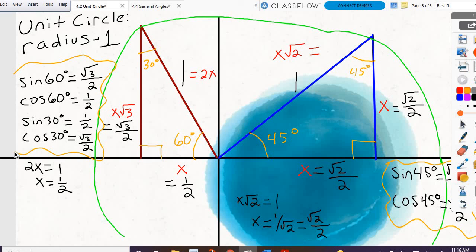And so they're just the opposite one. And again, are you going to have to draw this out really ever in the future? No. But I want you to see where they come from. But you do need to have them memorized. So again, those are your special angles. So we need to have sine and cosine memorized for 30, 45, and 60 degrees.